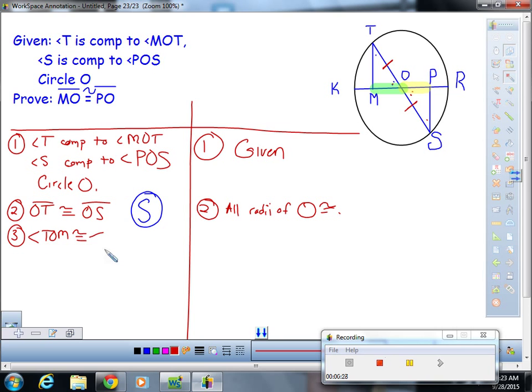Okay? All right, now I'm going to say that angle TOM is congruent to angle SOP. And what allows me to say that is that vertical angles are congruent. Okay? Well, now I have an angle.